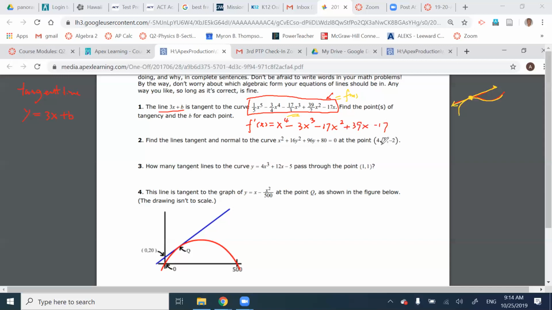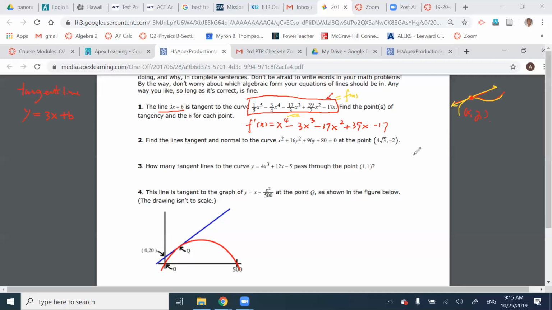No problem? Okay, now they want this one equals what? Because we know this, we're looking for x and y right now. We can call this point x1, y1, okay?